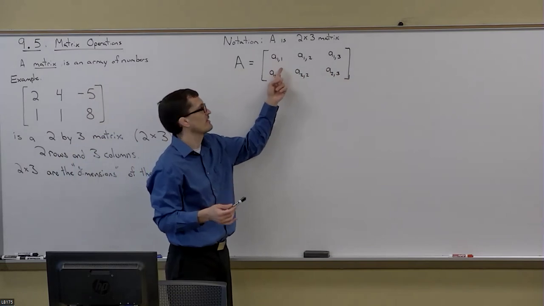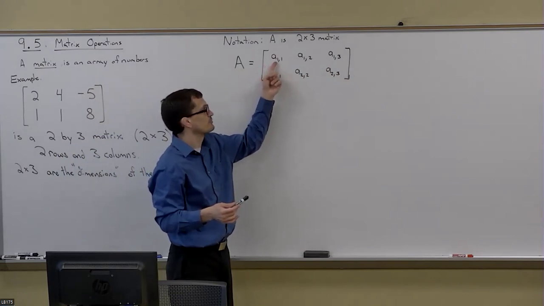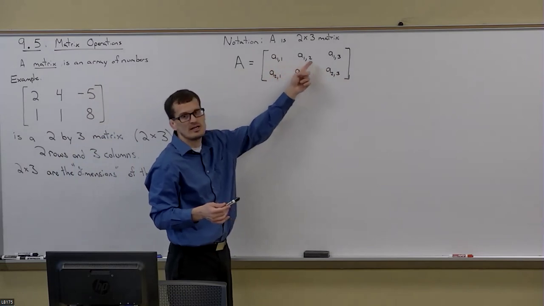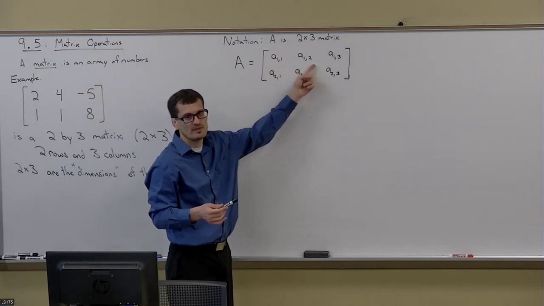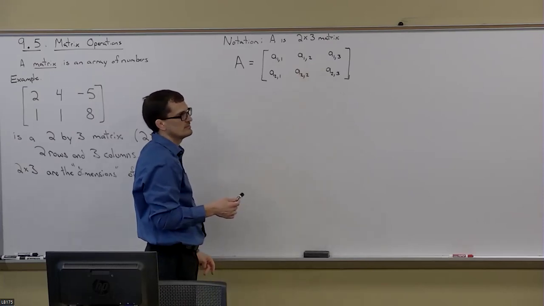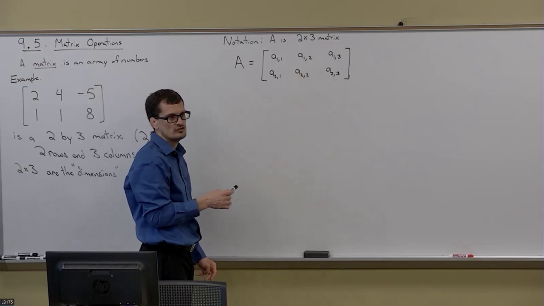And what we're saying there is, what's the entry in the first row and first column? What's the entry in the first row and second column? So Aij is the ith row and jth column.